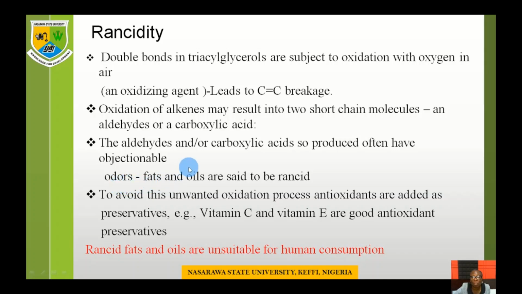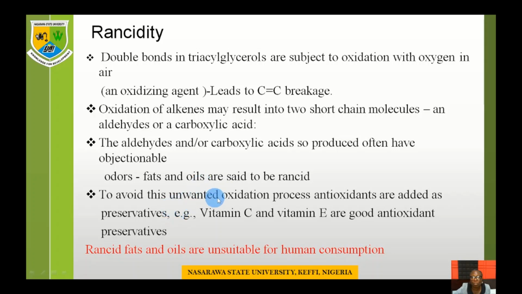That's why when you keep an oil for too long, at the end of the day you discover that it has become rancid. It produces an odor that comes as a result of an aldehyde or carboxylic acid being produced. So the oxidation process leads to spoilage of your fat or your oil at home.